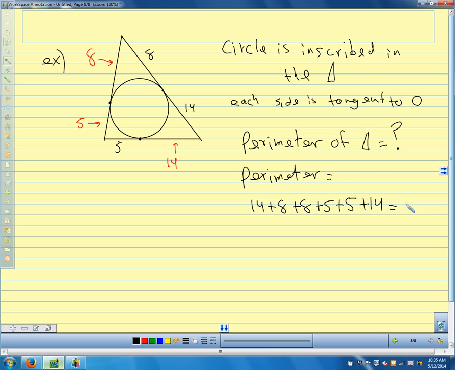Add those all together and I get 54 units for my perimeter. And we can figure that out because we know that these segments are tangent to the circle, so these pieces have to be the same. Questions there?